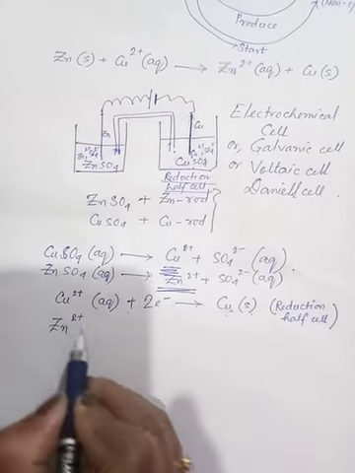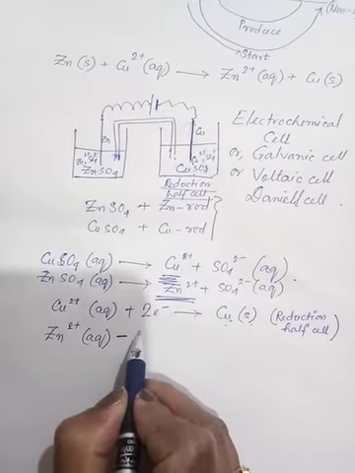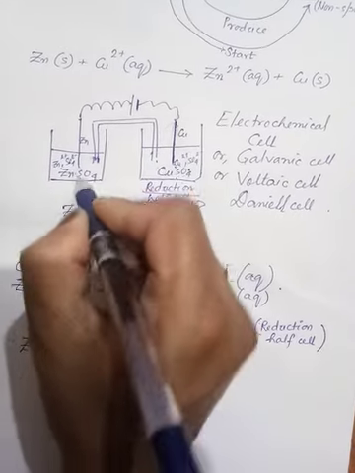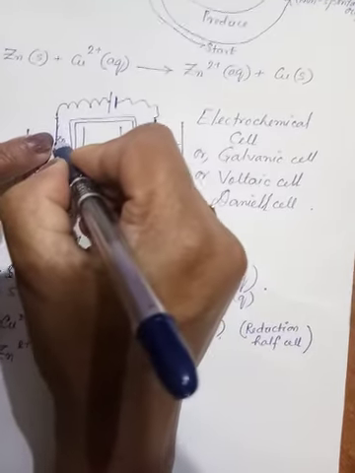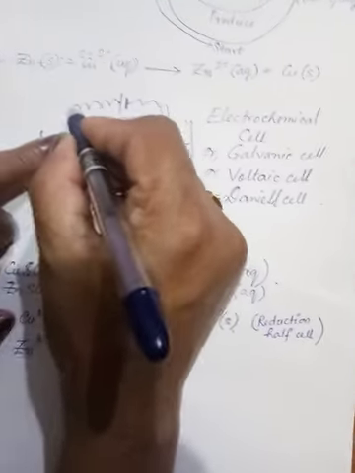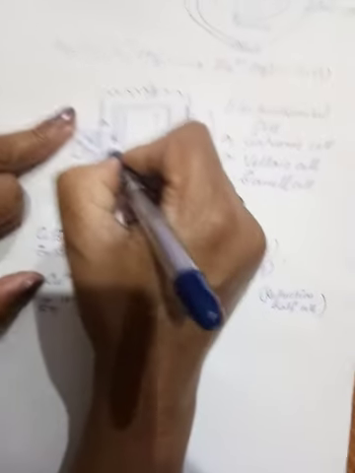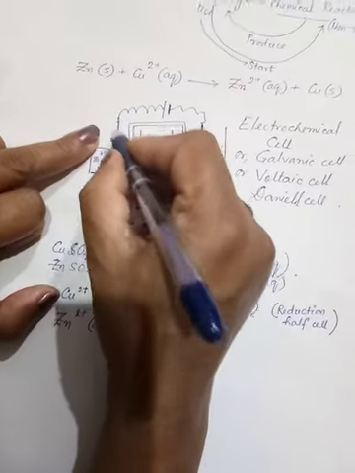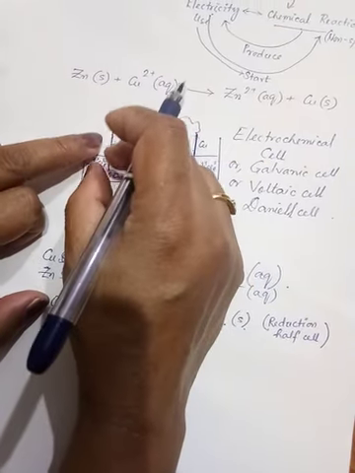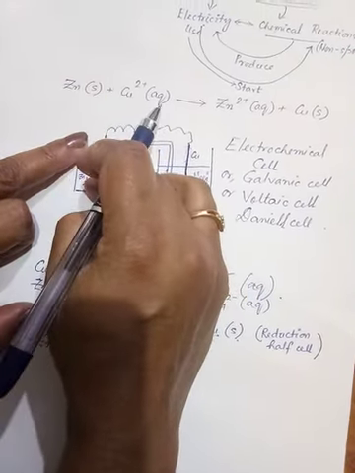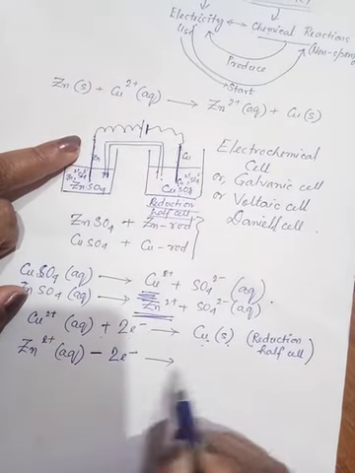From this zinc rod, zinc will give out 2 electrons which will move through the wire, and this will come down and produce more and more Zn2+. So this rod will grow fatter and this rod will grow thinner and thinner, it will totally fade away. It will fall off from here. So this is what is happening.